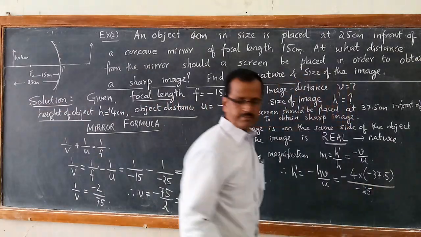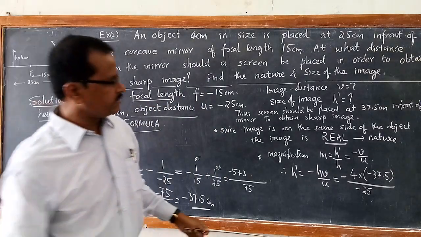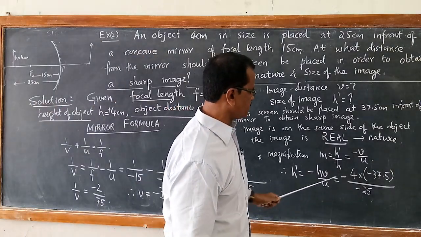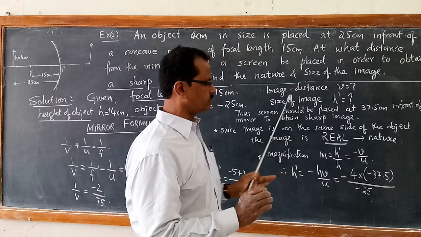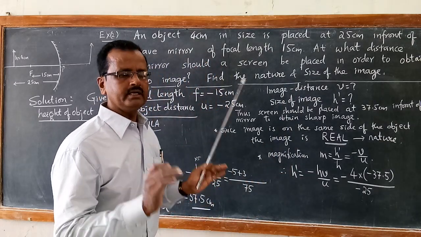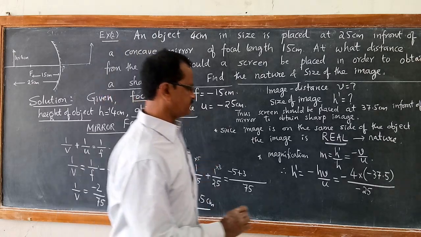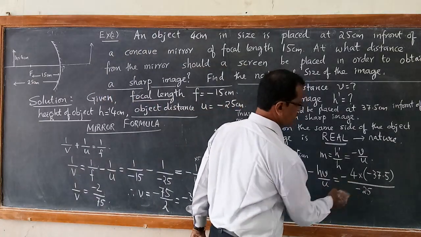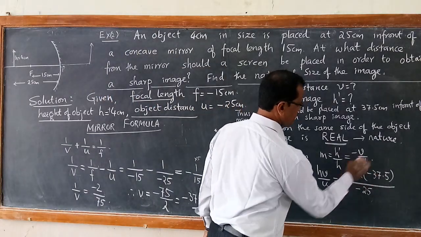So this is the importance of sign conventions. We have to be very careful while substituting these values. We have to substitute the values with proper sign conventions. Then only we get the correct result. So finally, minus minus cancel, and you are left with a negative sign.